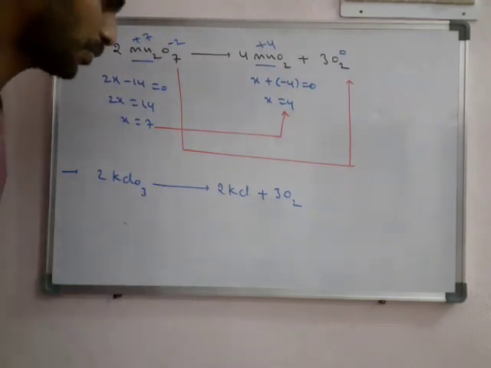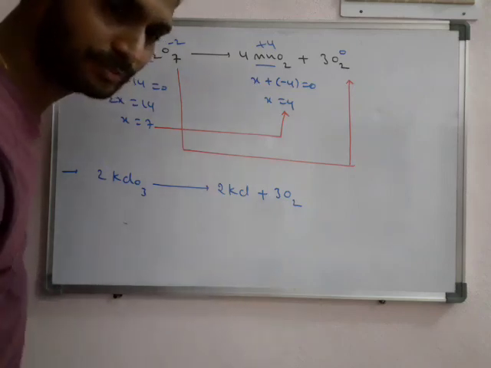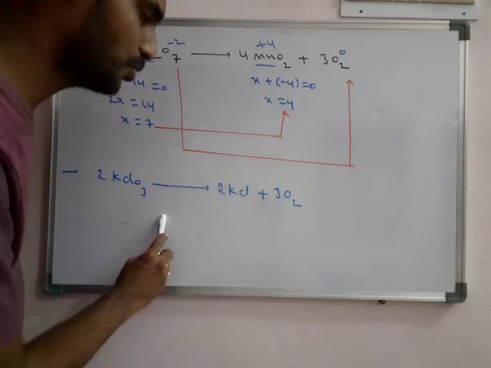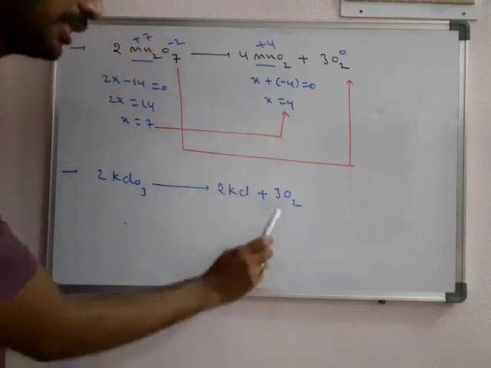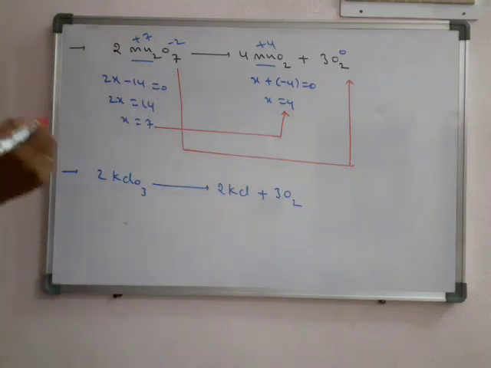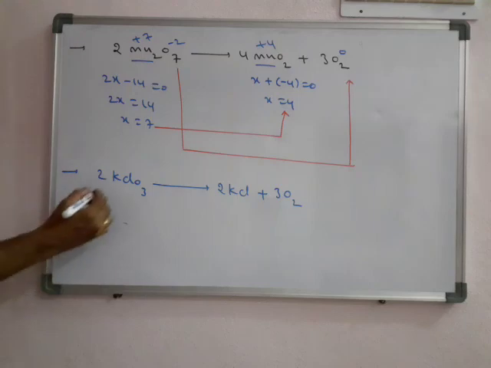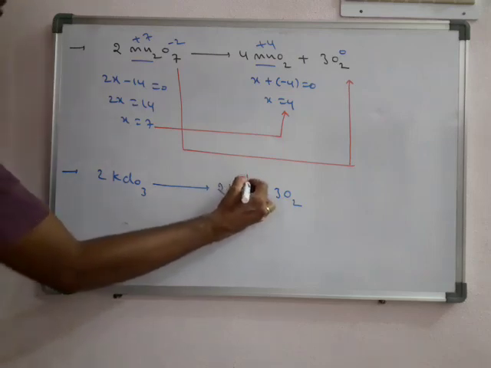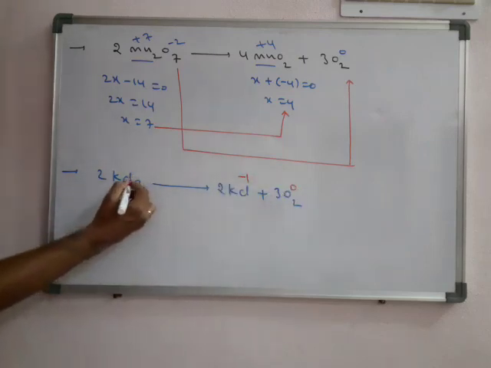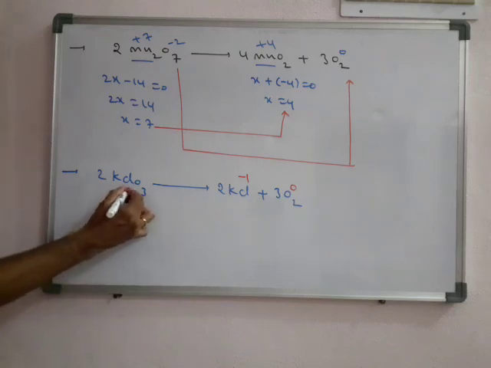It is a decomposition redox reaction. It is used to prepare oxygen artificially. So here see the potassium. So potassium plus 1, no change in it. So what about chlorine? Here chlorine is minus 1, oxygen 0. So 1 plus x, we are calculating Cl.